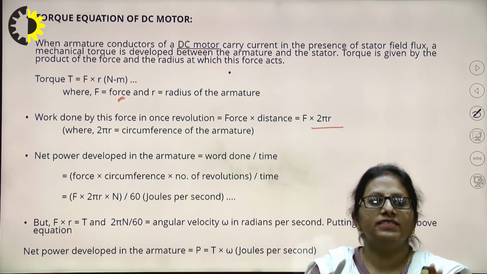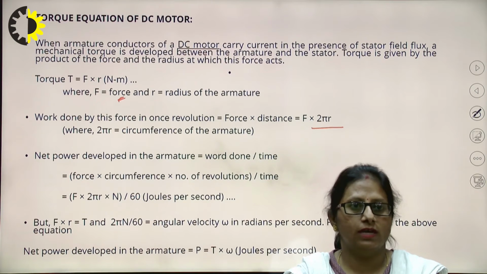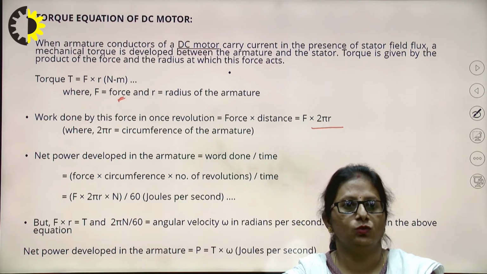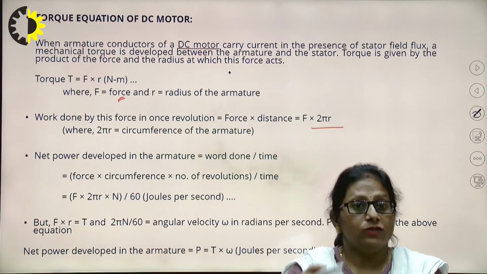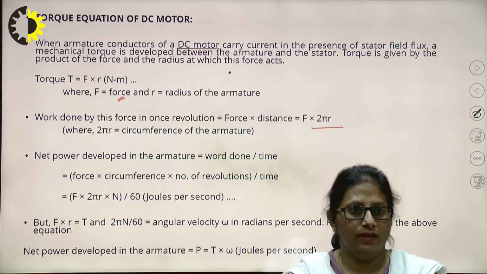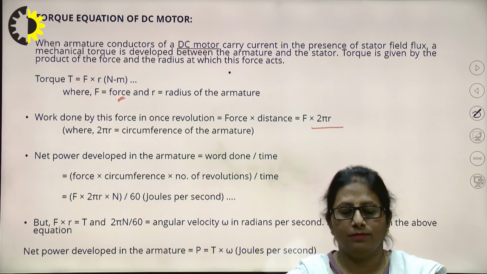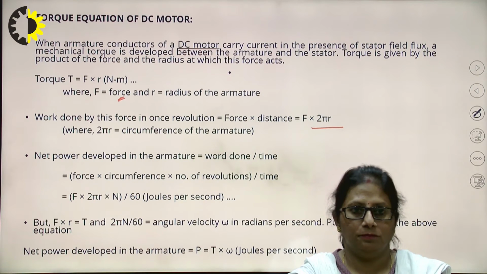So the net power developed in the armature is work done by time. Work done we have calculated: F into 2 pi r into the number of revolutions, divided by the time. So that is F into 2 pi r into N by 60, that many joules per second, right?